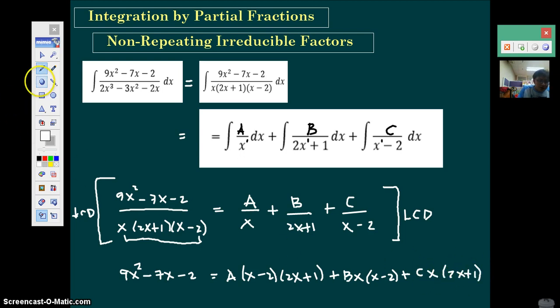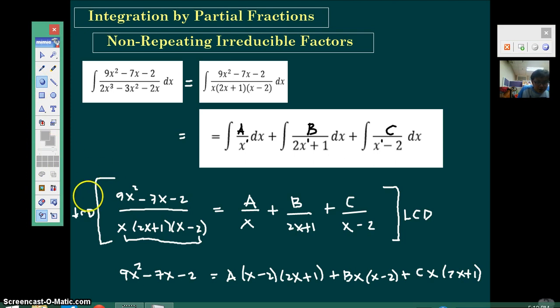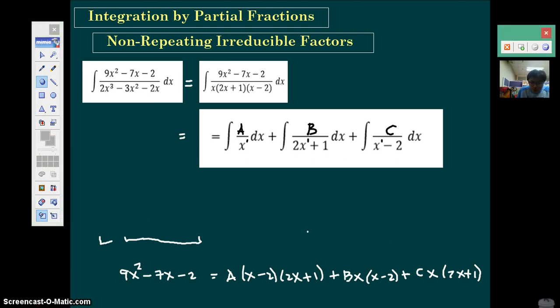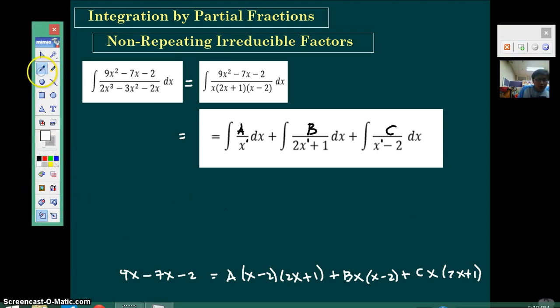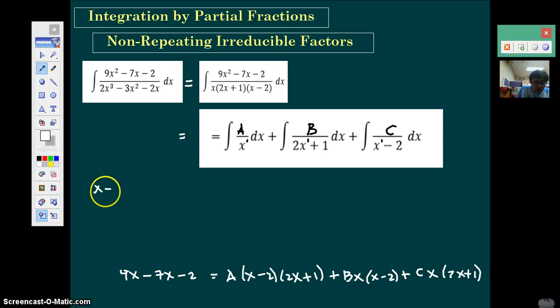Okay, now before we proceed, let me erase part of my solution. Now, in solving for A, B, C, we will do a simple trick. We will make a term in the right side 0. So what value of x will we use? We use x equals 2. Notice how this will become 0. And so what will be left will be this term.